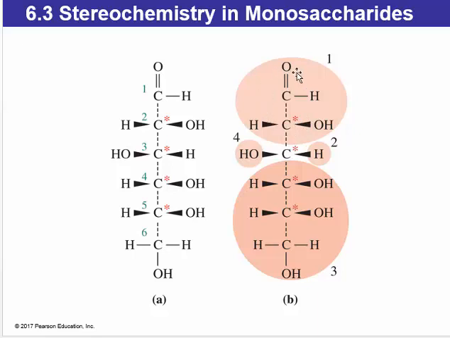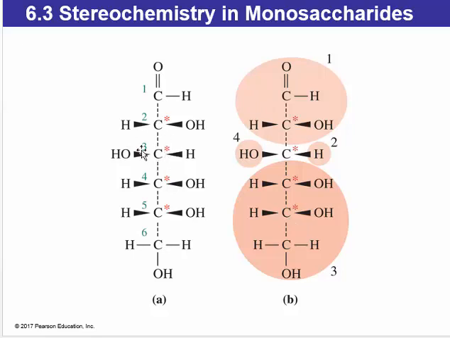The first group that it's bonded to is carbon 2 and carbon 1, and then the second group is the hydrogen, and then the third group is the 3 carbons in the chain below it, and then the fourth is the hydroxyl.